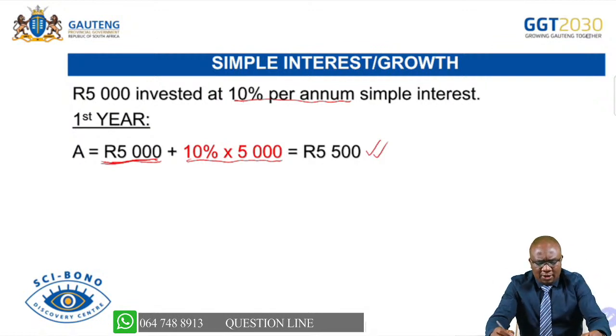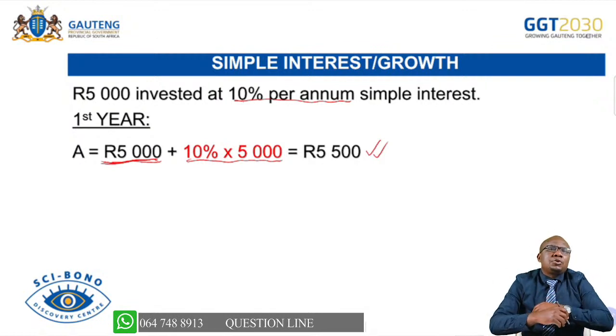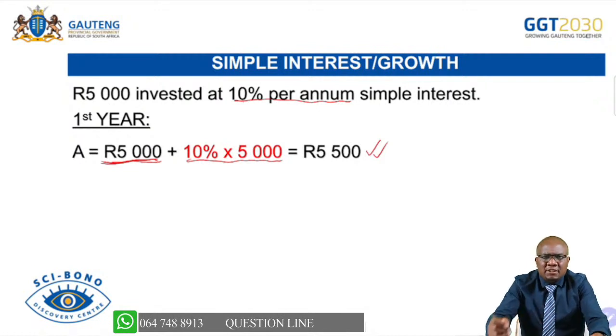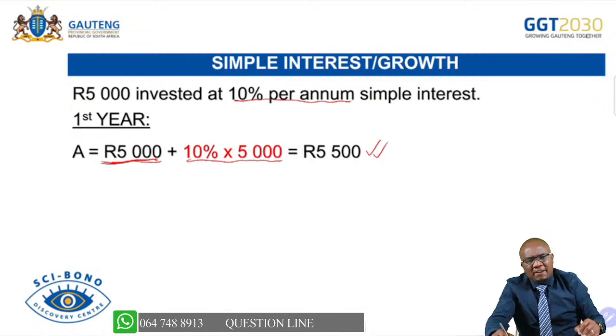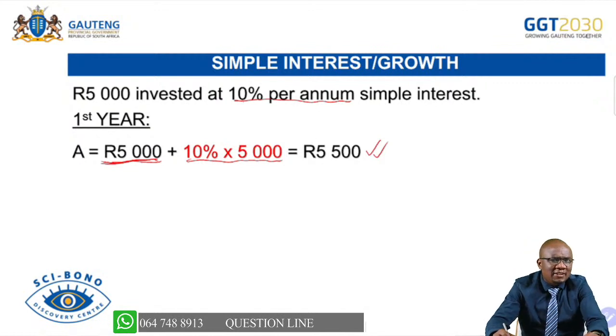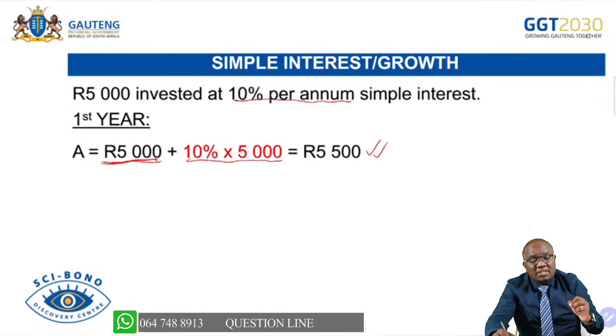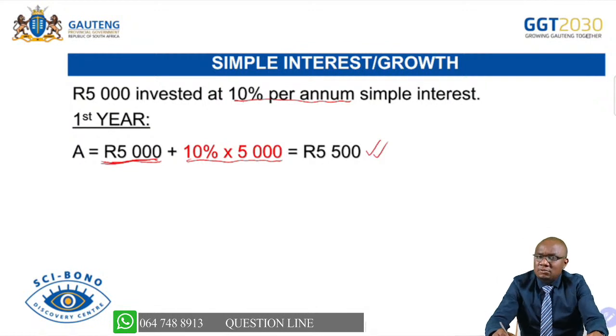Okay, right now the money can grow from 5,000 to 50,000. Even in the bank, if I have 50,000 but I invested 5,000, I'll still be earning 10% of 5,000. Do you see that? It will still be earning 10% of 5,000, what I invested. It will never change.